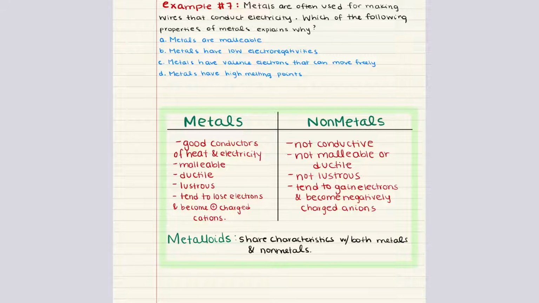And this movement of electrons is what allows metals to conduct electricity efficiently. So while all 4 descriptions of metals are true, we're trying to look for the answer choice that most explains the properties of metals that contribute to their ability to conduct electricity, and that's going to be answer choice C. Metals have valence electrons that can move freely.